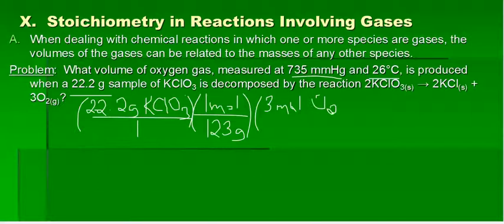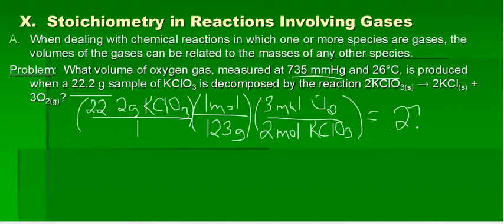There are 3 moles of oxygen for every 2 moles of the KClO3 from my balanced chemical equation, 3 to 2. So first and foremost, it's a stoichiometry problem. This is going to get us the moles of oxygen, 0.271.